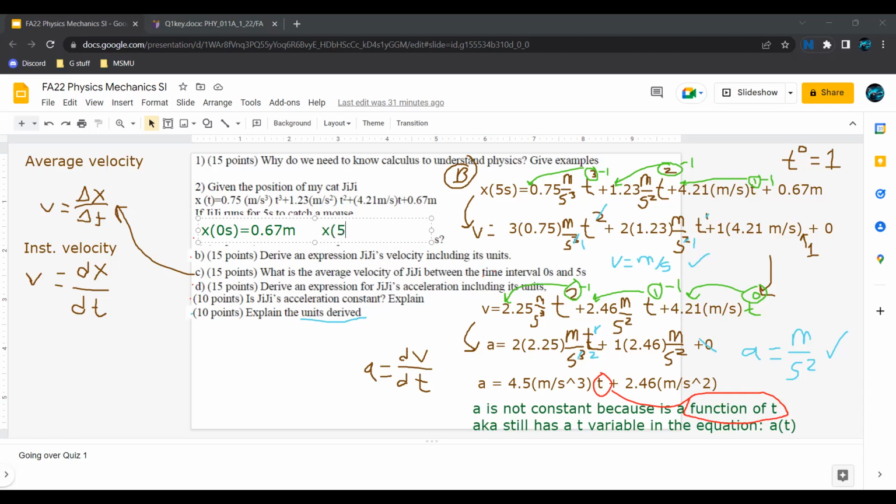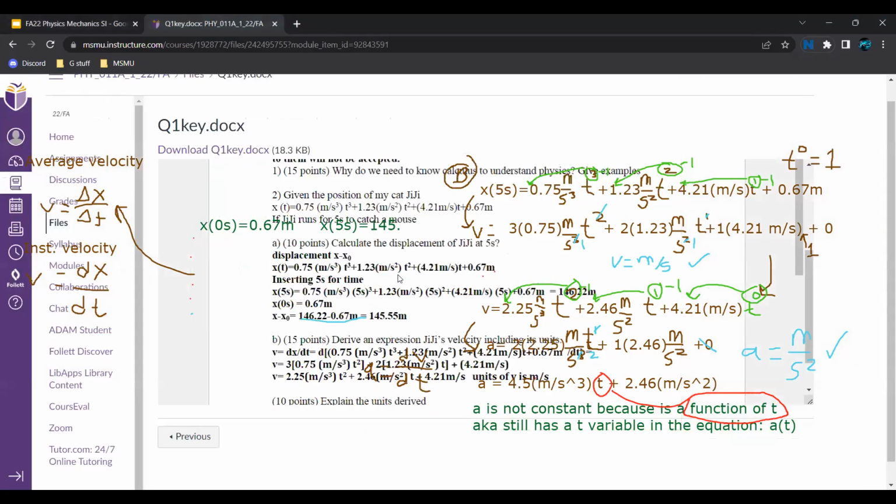Next, x at 5 seconds was equal to, I believe it was 145 point something. Let's just check it. Or 5.5.